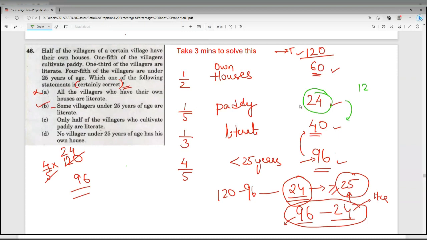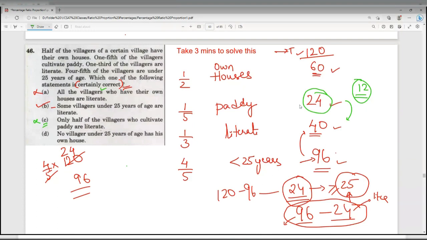So we cannot say whether they are half or whether all the 24 are literate. That can be a possibility. There can be 12 members who are literate, but we cannot say for sure that just 12 are literate. The question is asking what is certainly correct, so this would be wrong.